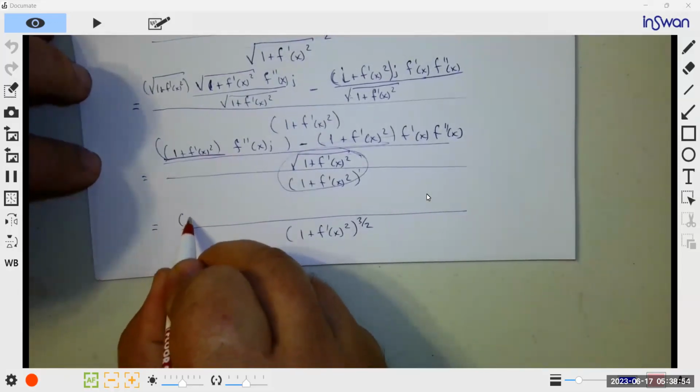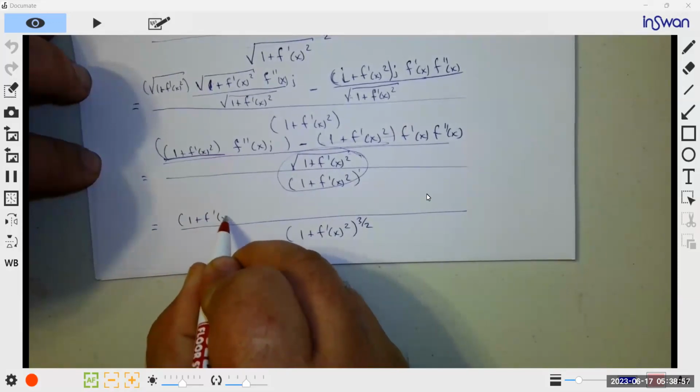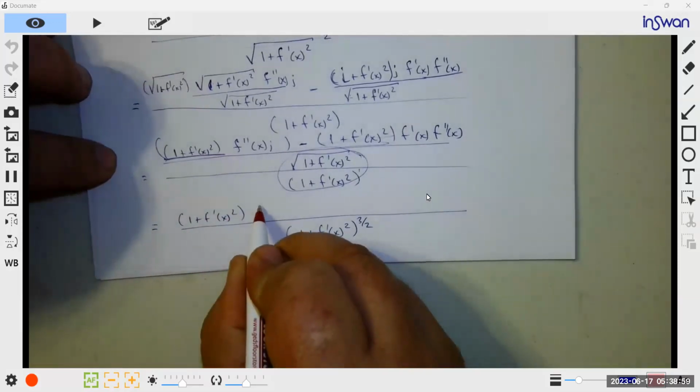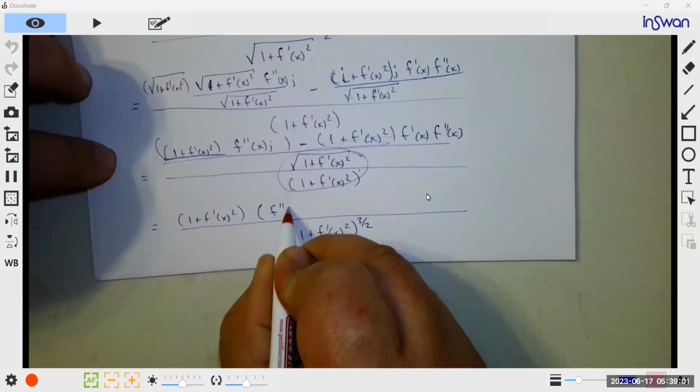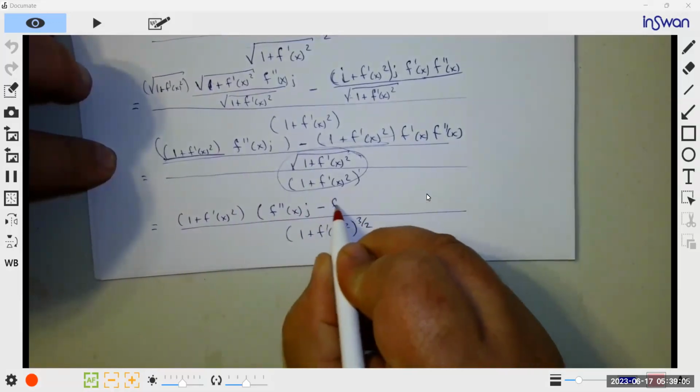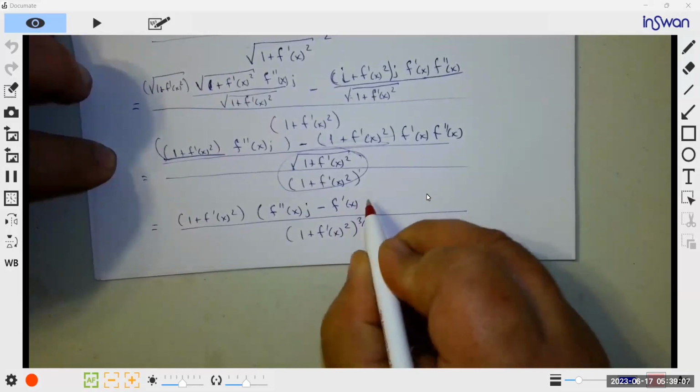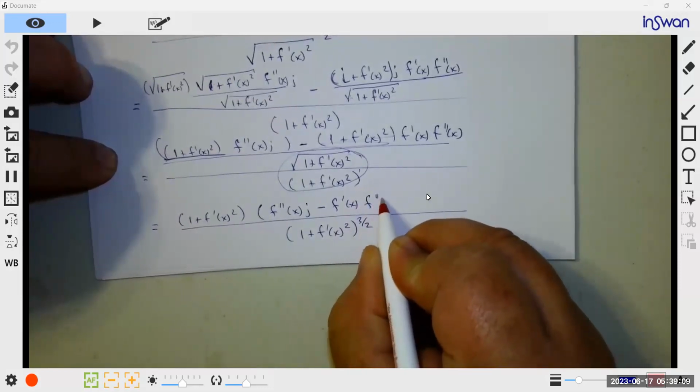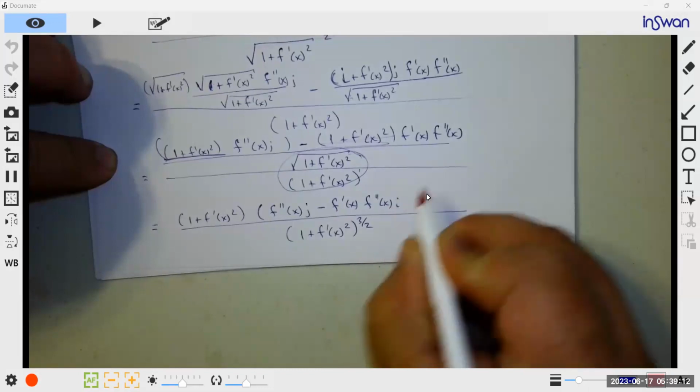They both have a 1 plus f prime of x squared. j minus f prime of x f double prime of x i.